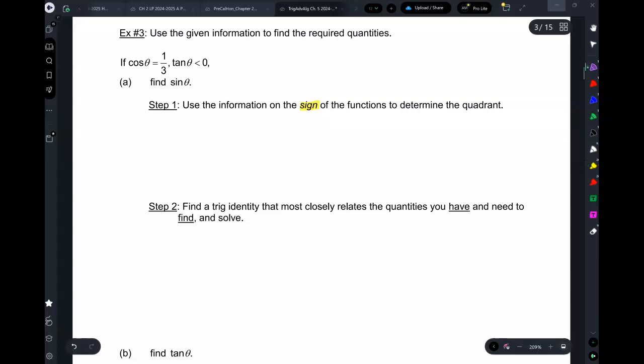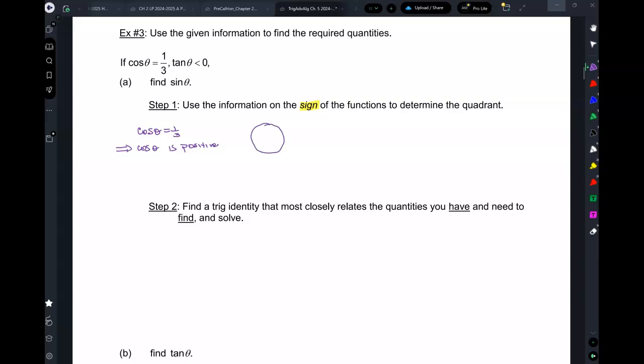On the first hand, we are told cosine is 1/3. From that, we say cosine is positive. Okay? So, remember this: All Students Take Calculus.